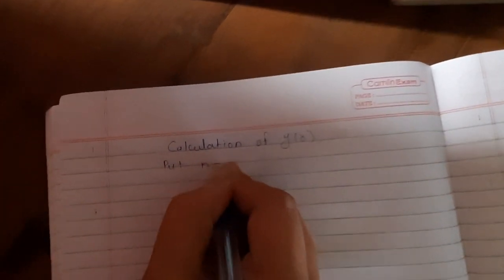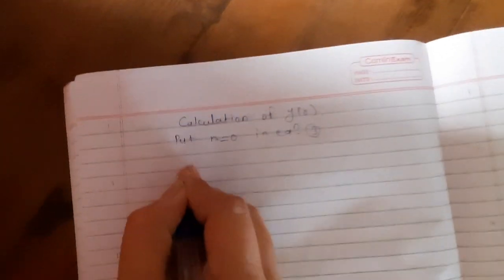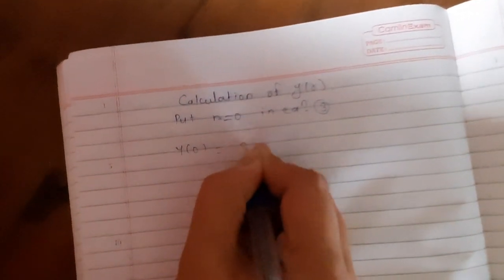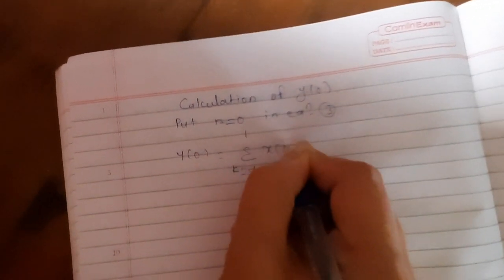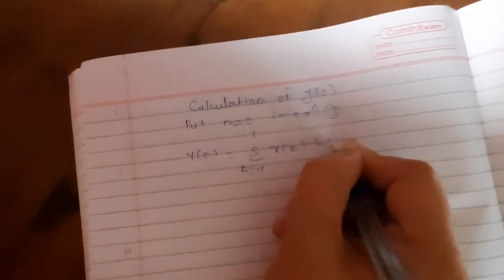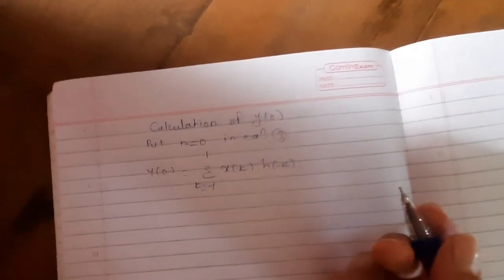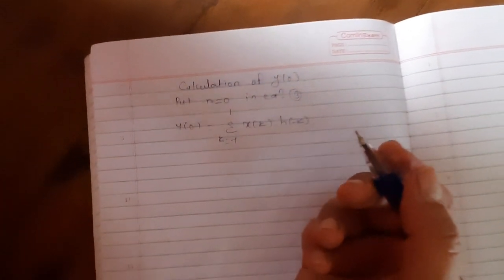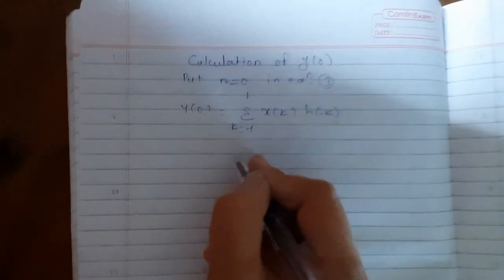So put n is equal to 0 in equation 3. So the equation will be y of 0 is equal to summation k changes from minus 1 to 1 x of k into h of minus k. Now here the sequence for h of minus k, the sequence for x of k.